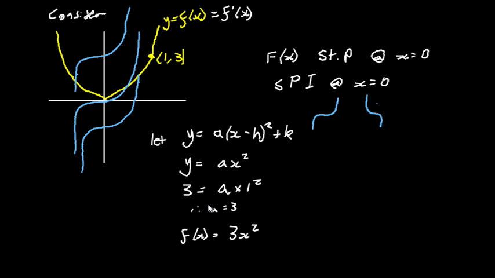And part D says, given that capital F of 0 is minus 2, determine the rule for capital F of x and sketch the graph. So I might make a new page, and we need f of x equal to 3x squared. So we can find capital F of x by finding the antiderivative of 3x squared.